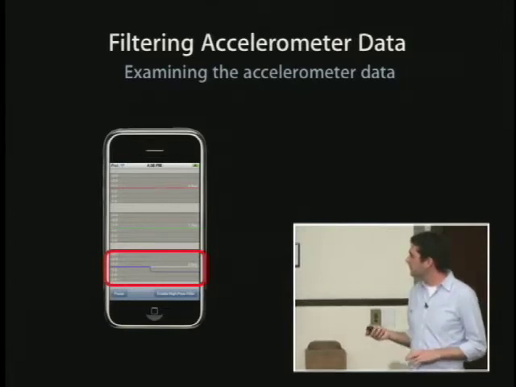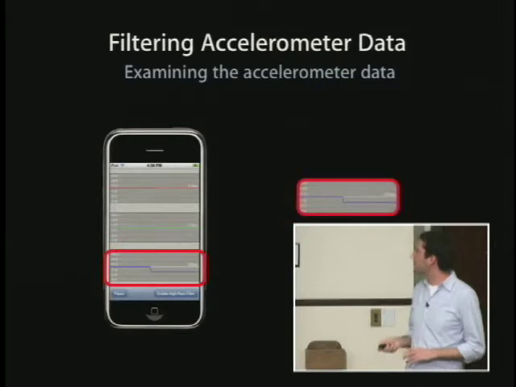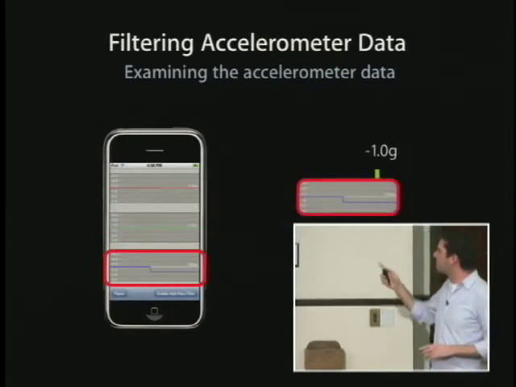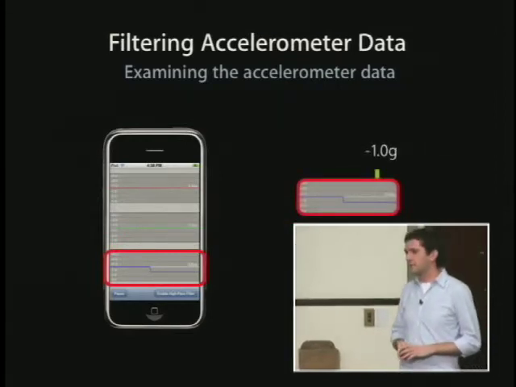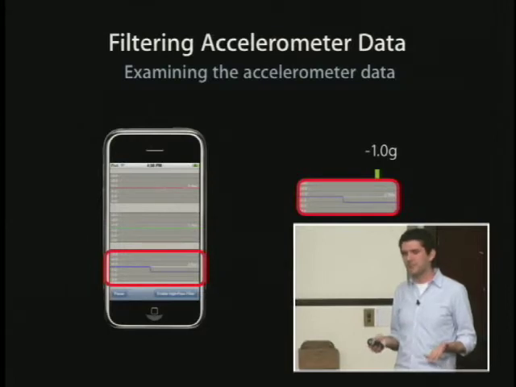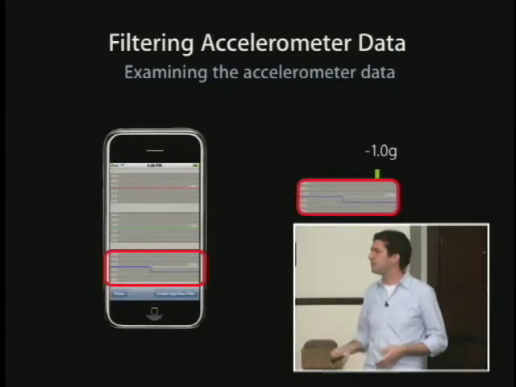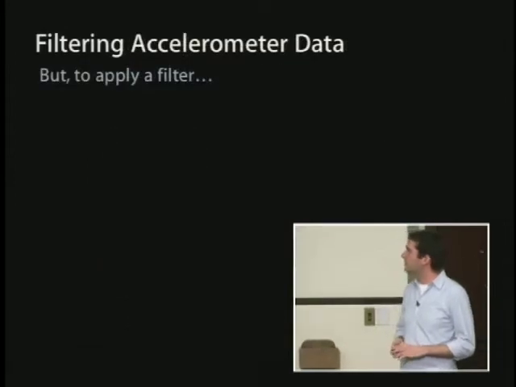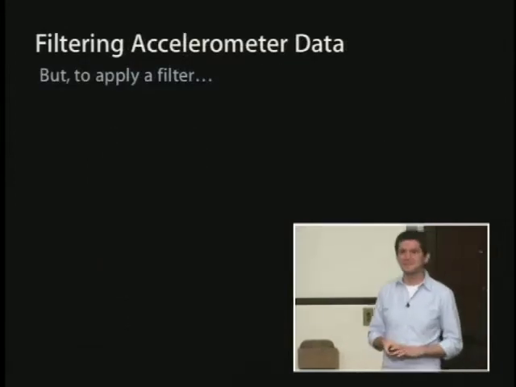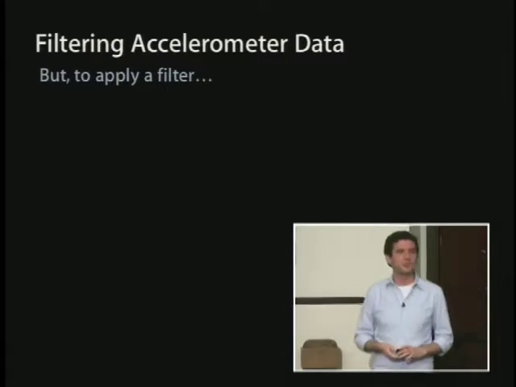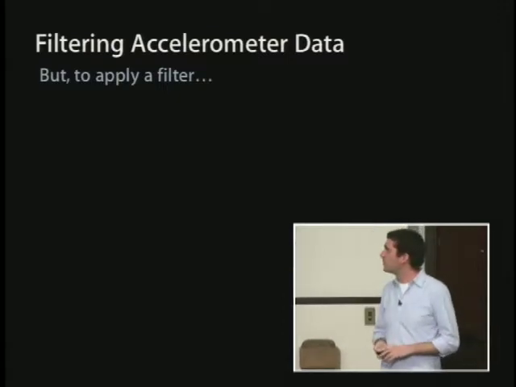So let's pull that out there. That's our -1g of acceleration. If we wanted to take that and figure out the frequency of it, you'd want to use a Fourier transform. We won't talk about that too much right now. It's more advanced signal processing than what we're going to be talking about here.